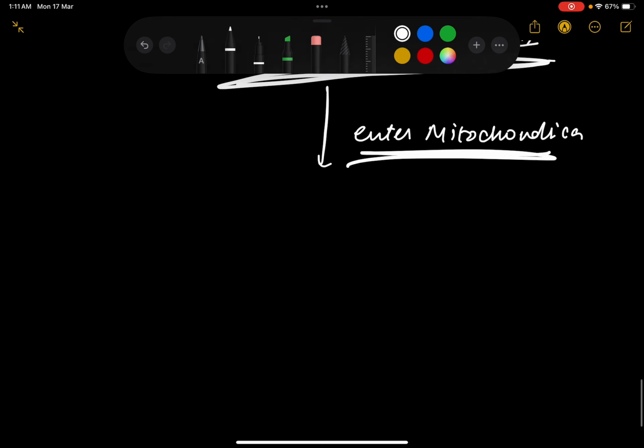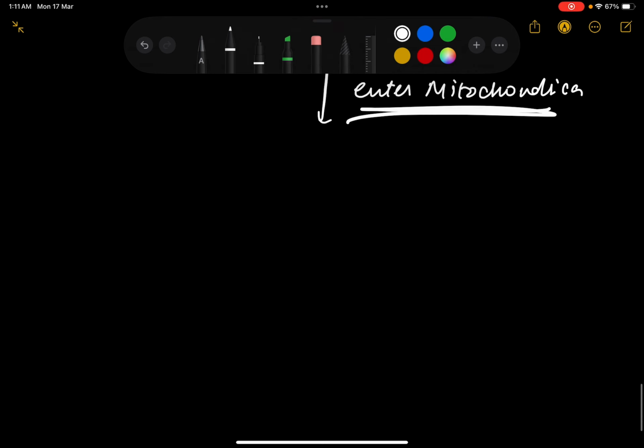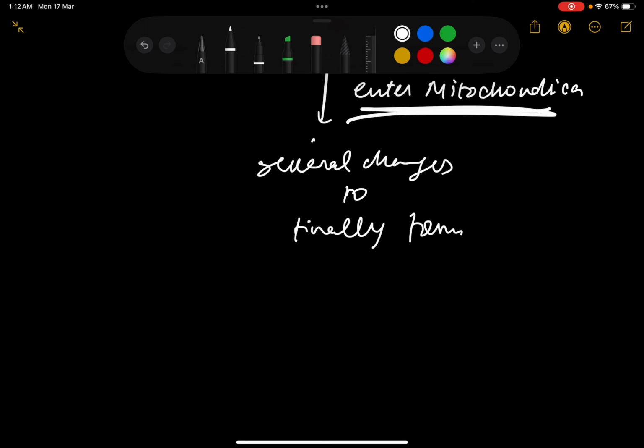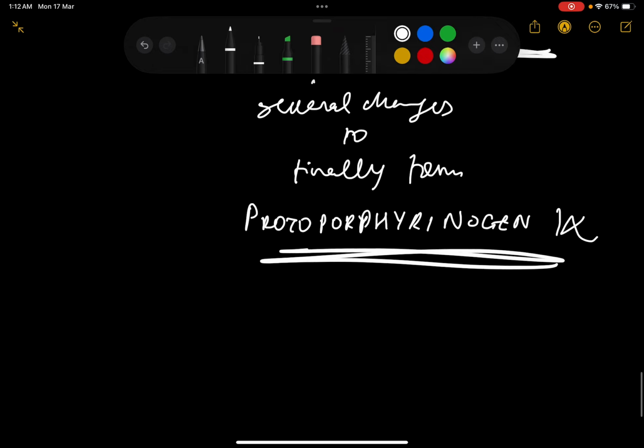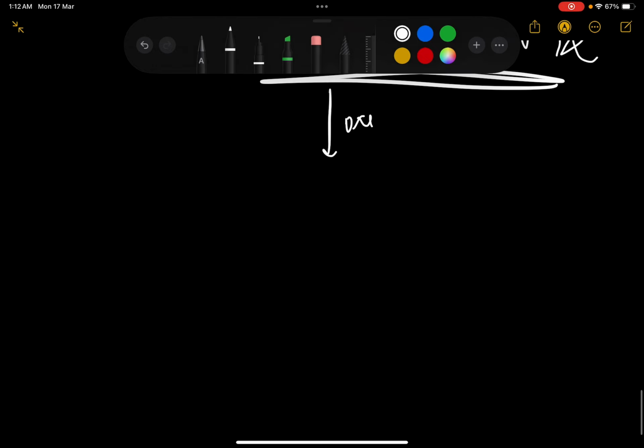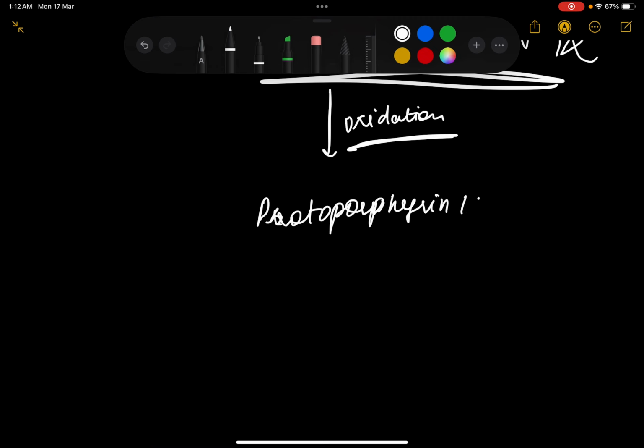Now it enters the mitochondria. So after entering the mitochondria, it undergoes several changes to finally form protoporphyrinogen 9. Now this protoporphyrinogen 9 undergoes oxidation to form protoporphyrin 9.